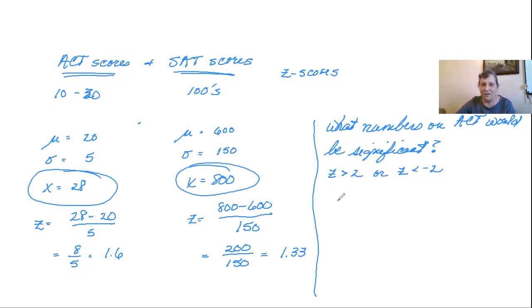Well, what if we said, looking at this formula, we've got Z equals X minus mu over sigma, right? What if I put the 2 in for Z and I'm looking for the X value? So it's going to be 2 equals X minus 20 over 5.